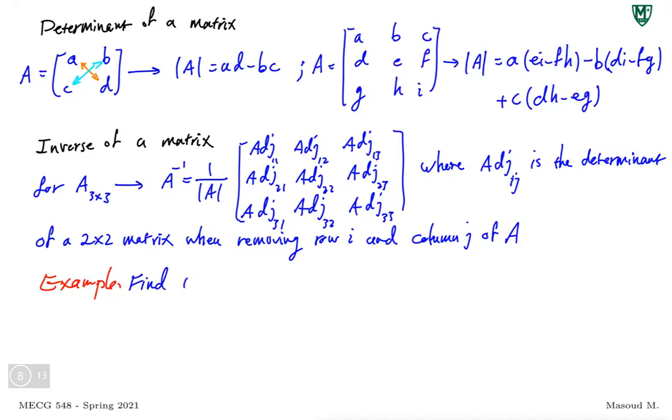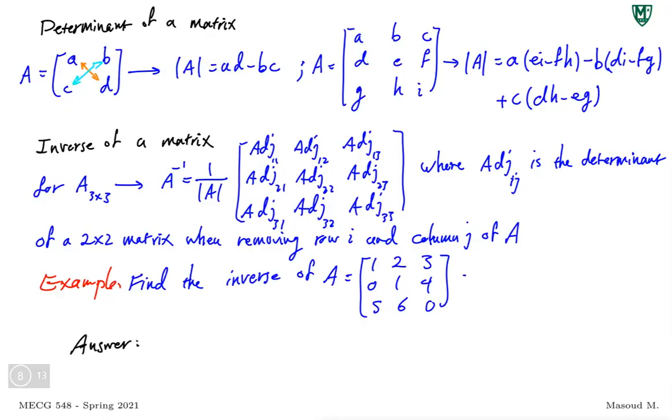Find the inverse of A, and that A would be 1, 2, 3, 0, 1, 4, 5, 6, 0.